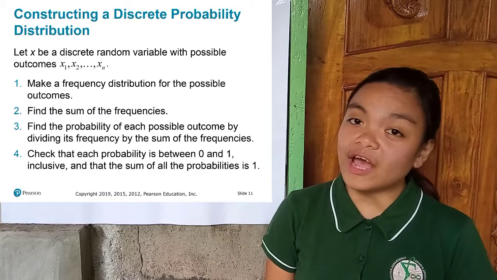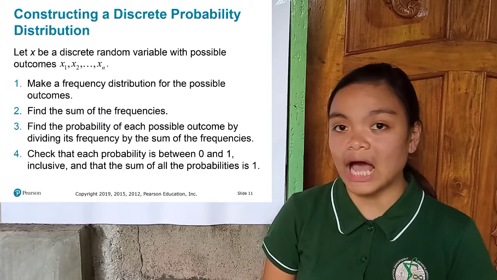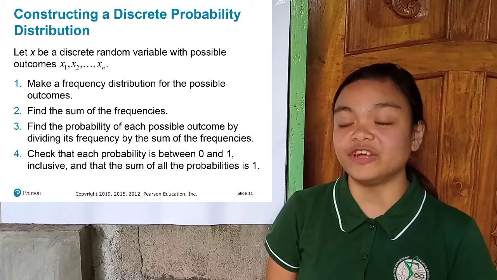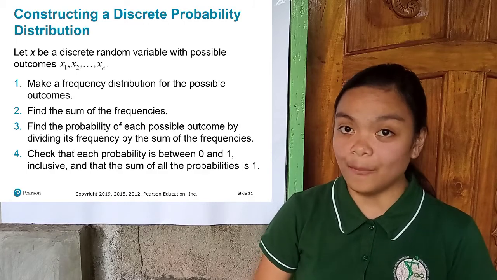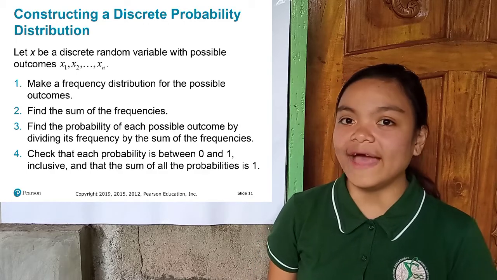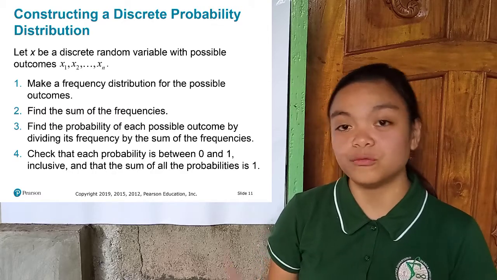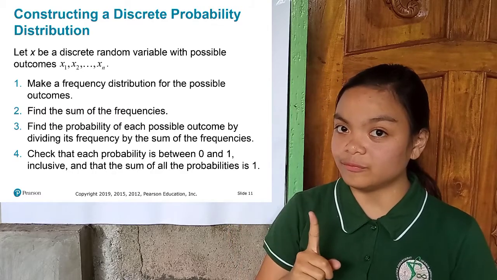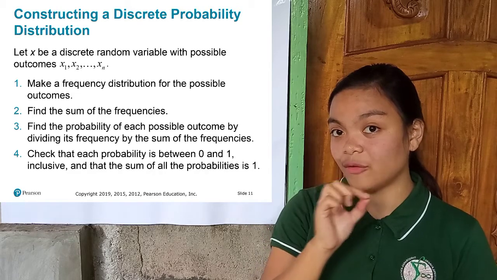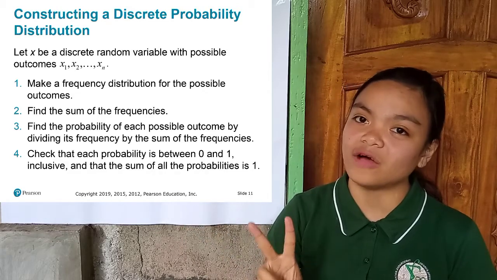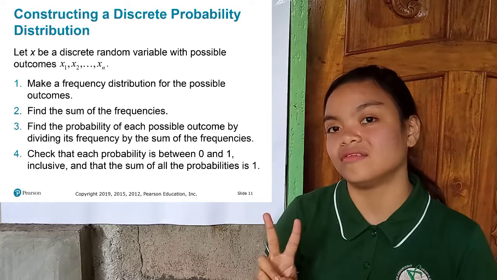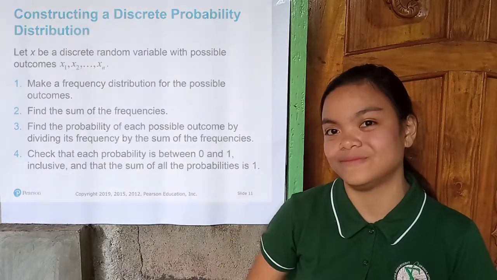Third, find the probability of each possible outcome by dividing its frequency by the sum of the frequencies. And lastly, check if the conditions are met, which is 1, the values of the probabilities are between 0 and 1 inclusive, and the second one is that the probabilities all sum up to 1.